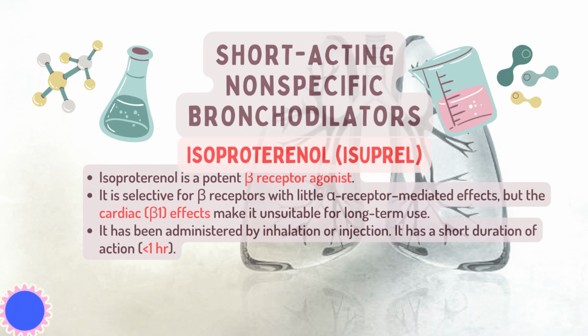It is selective for beta receptors with little alpha receptor mediated effects, but the cardiac effects make it unsuitable for long-term use, and it has been administered by inhalation or injection. It has a short duration of action, less than 1 hour.